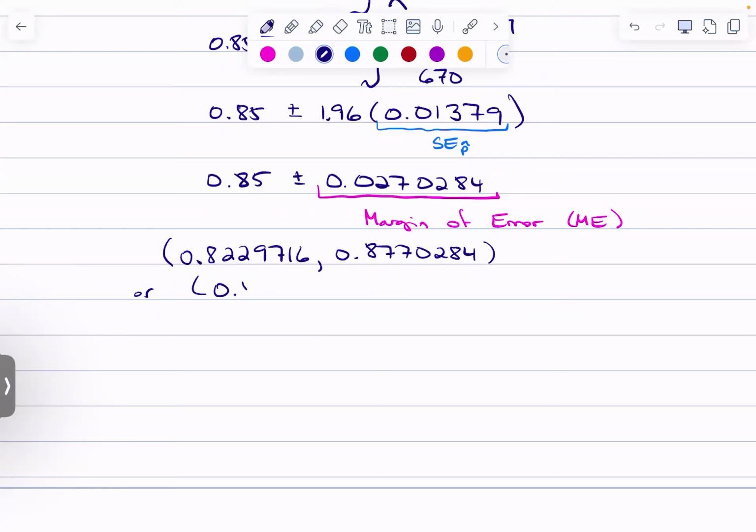Or if we want to round it, let's do 3 decimal places: 0.823 up to 0.877.